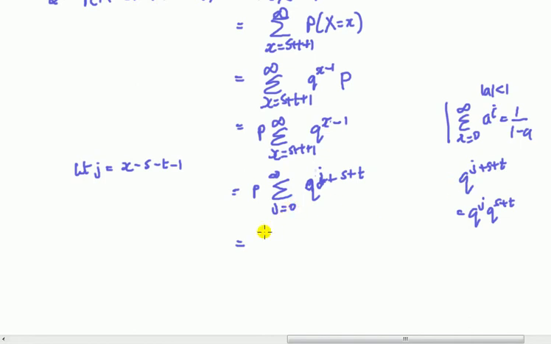So what I can say is that I've split it up so that there are terms involving j, which we are summing over, and terms which do not depend on j, constants. That's the reason I did this step. And then the constant can come out, so we've got q to the s plus t, and then the sum of q to the j, which I obviously know is 1 over 1 minus q.